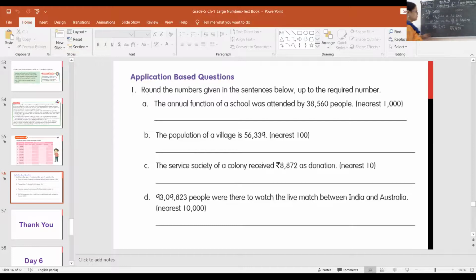So this is 56,339 rounded off to nearest 100 equal to 56,300. Hope children you understood how to round off to nearest 10, 100, 1000 and 10,000.